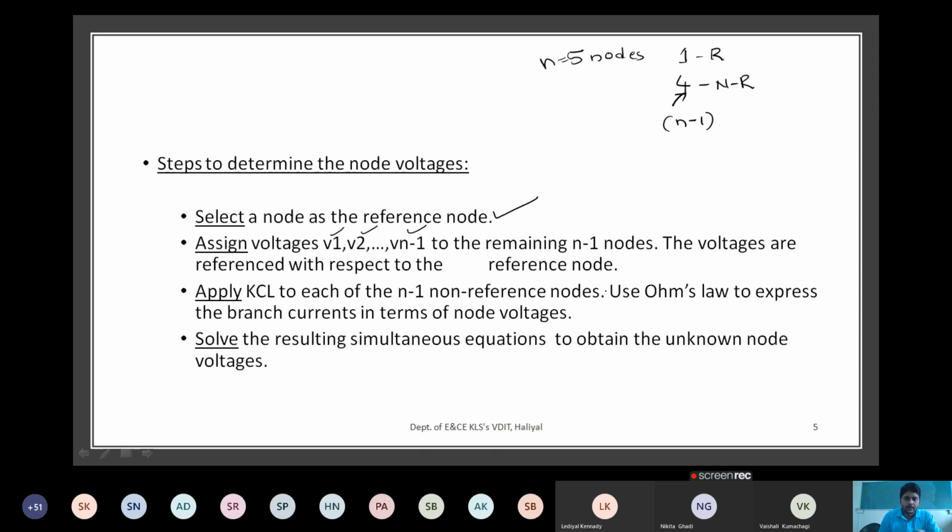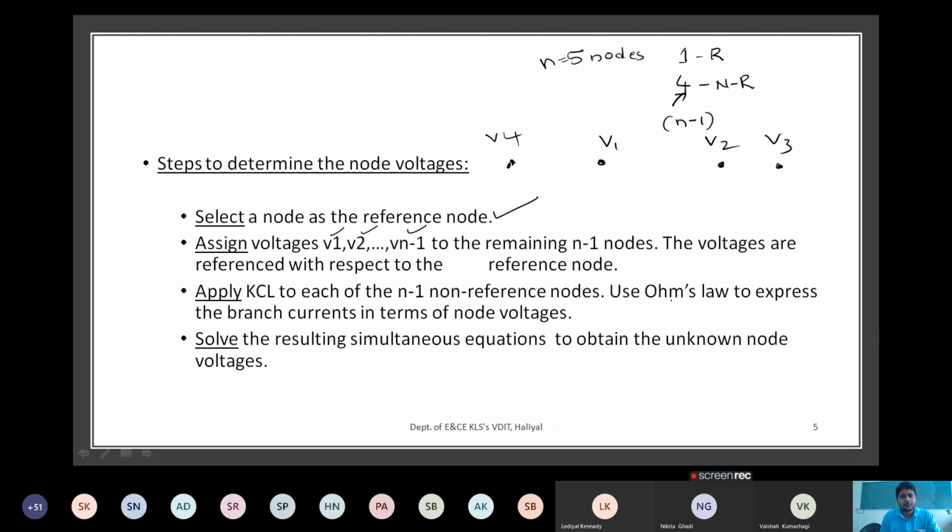Step number 3. Say I have identified V1, V2, V3 and V4, 4 nodes in a given circuit. Then you need to apply KCL to each of the n minus 1 non-reference nodes. Again, you can follow it in two ways, whichever is convenient for you.